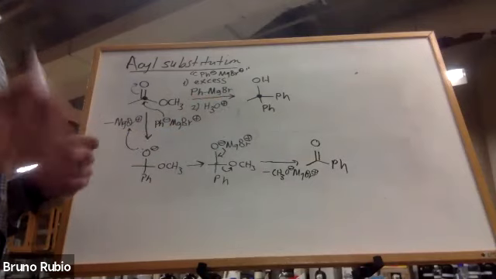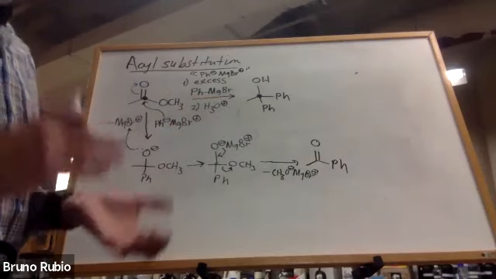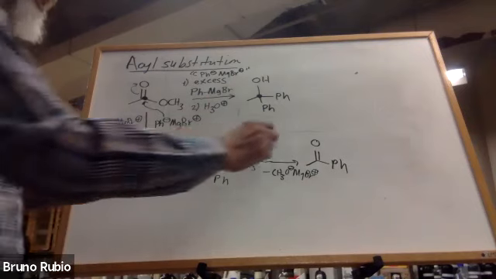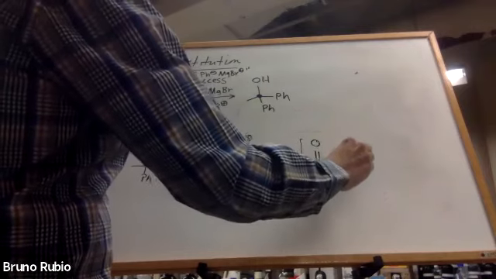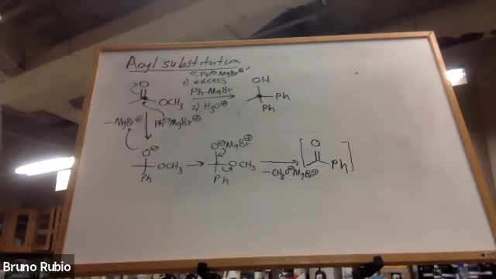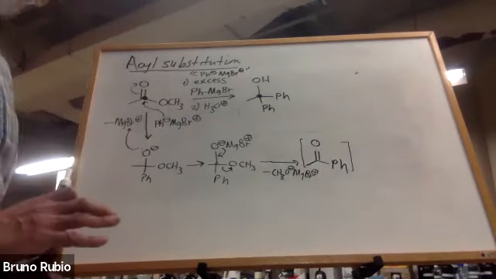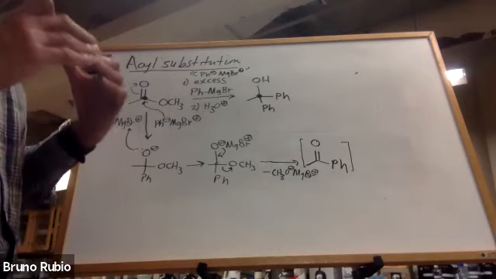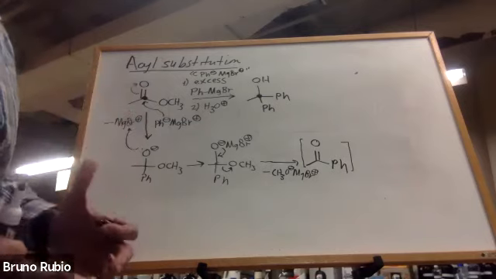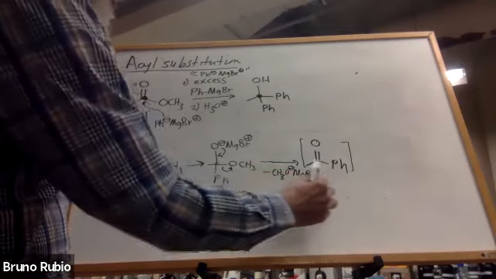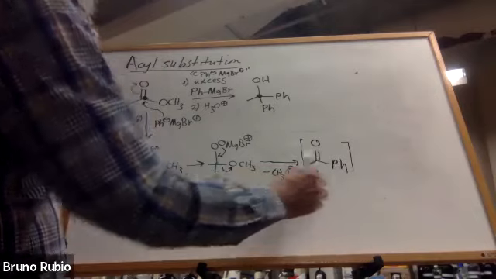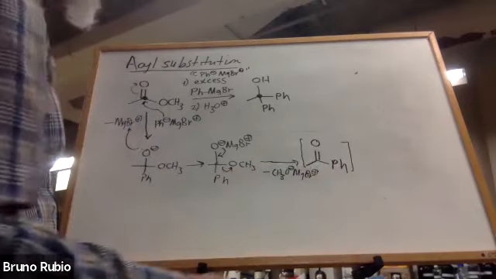And we know that Grignard reagents react with ketones. So this guy, maybe put him in brackets to show that he is not going to be around for very long, because now he is going to undergo a reaction which is not acyl substitution, because there's a carbonyl carbon, but he's not bonded to something that's not carbon and not hydrogen. He's bonded to carbon on the left and carbon on the right.